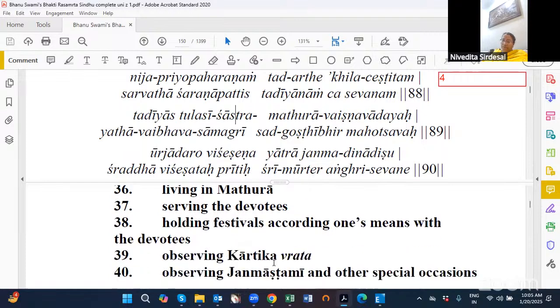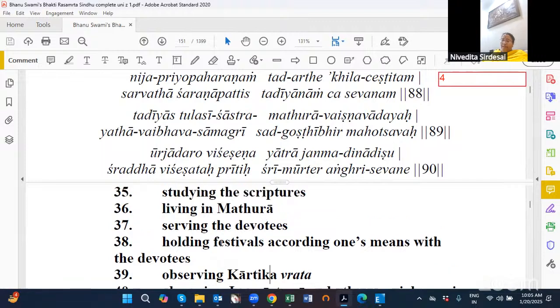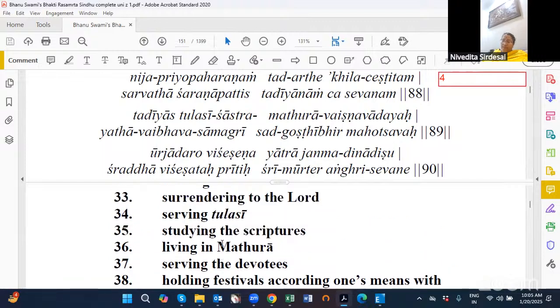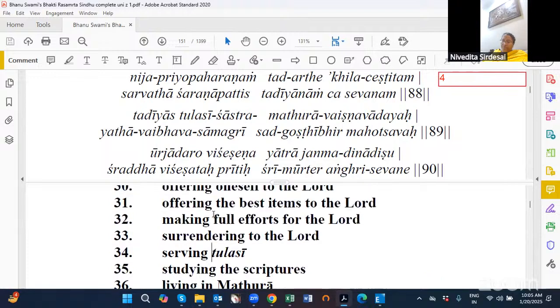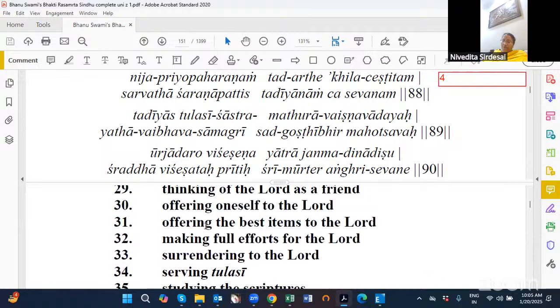Bas, that is here. So here only 8 have been given. First is 4, next is also 4. Okay. Studying the scriptures, living in Mathura, serving the devotees, holding festivals. First line has 3, next line has only 1. In that 2, 2. Okay, read now.